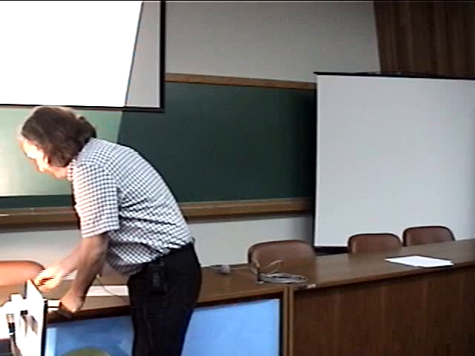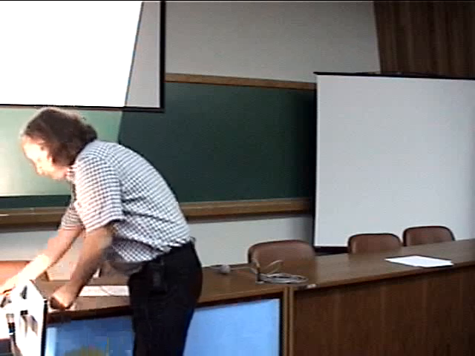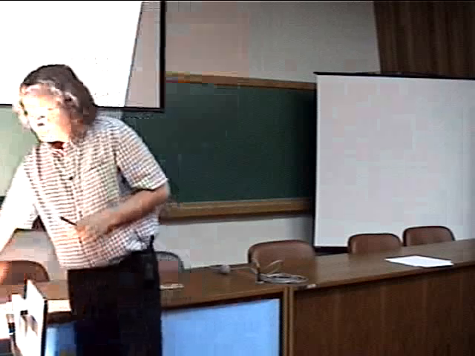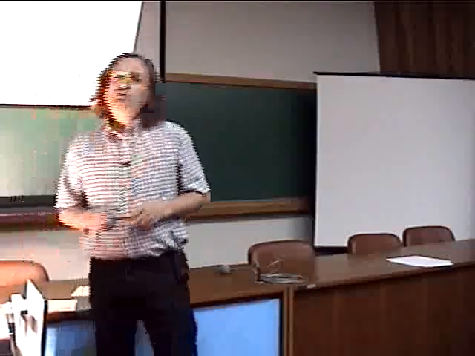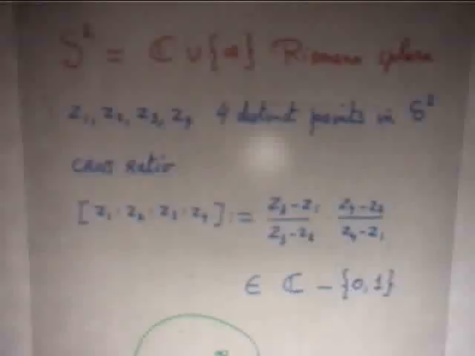Here's the trick. The two-sphere is well known to be the Riemann sphere. That is, you can compactify it. You can think of it as being the compactification of the complex numbers.